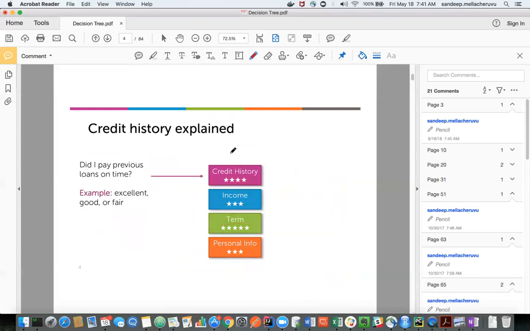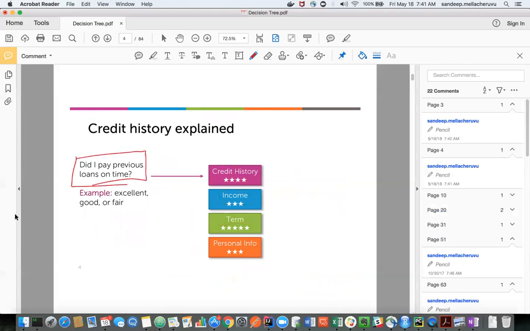Now, that's what he is explaining. So for credit history, whether he repaid earlier or not is very important. If he already did not repay earlier, it is obvious that he will not repay now also.